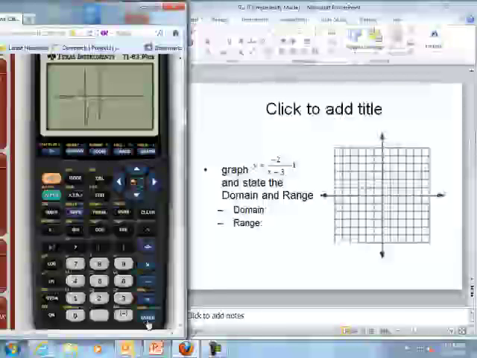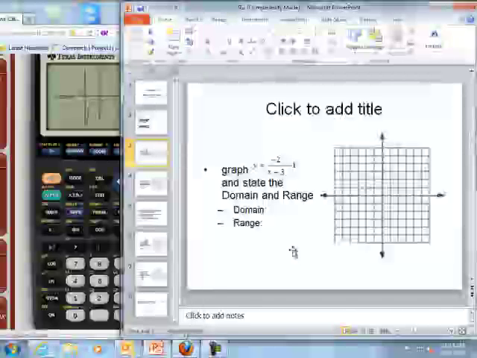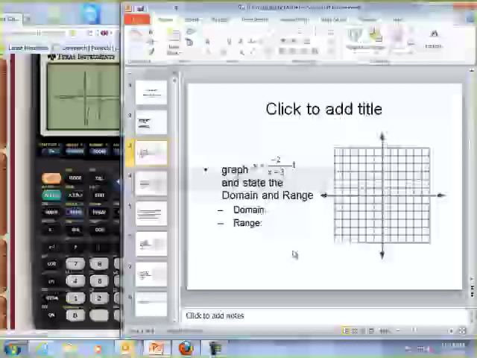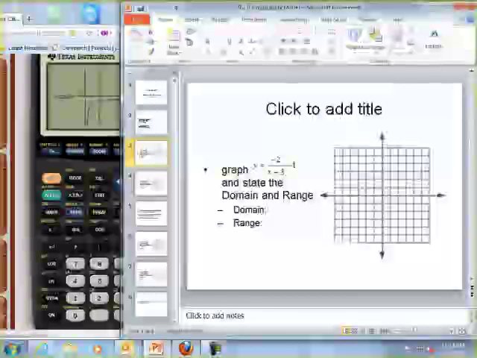What we need to do by hand is find out where the asymptotes belong. So, to do that, in the equation, what number would cause a big problem if I plugged it in for x? -3.